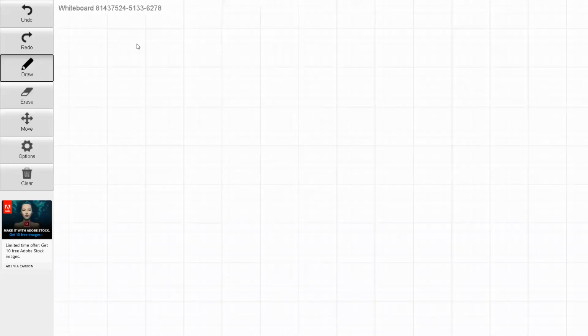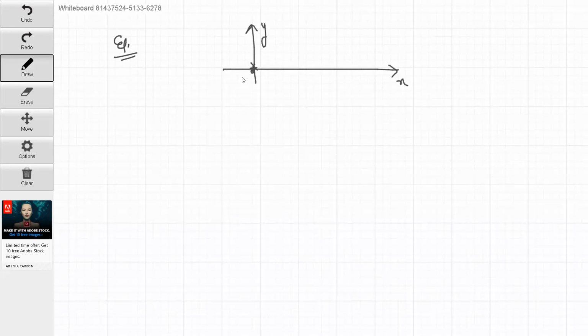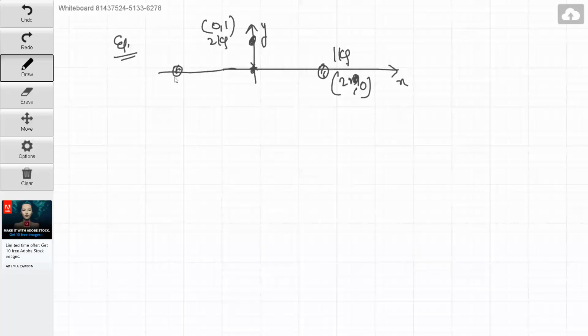So now, suppose I am giving you an example. Suppose this is the origin. This is x-axis. This is y-axis. So suppose this mass is 1 kg, which is kept at 2 meter distance, 2 comma 0. Another mass is kept at this one. This is 2 kg. So this is 0 comma 1. Another mass is of 4 kg.